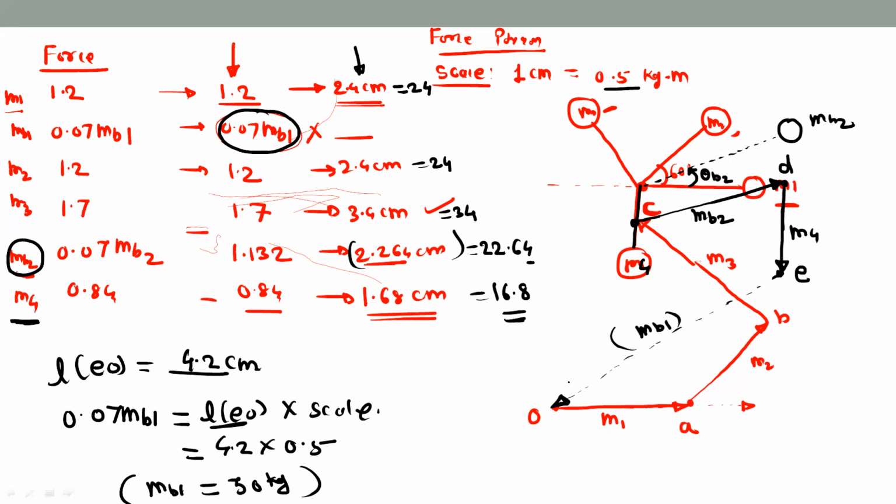So this closing side is nothing but the balancing mass, and with this calculation, you can find out the balancing mass. Also you can find out the angle. Draw one line here and measure this angle. It is with respect to the negative x-axis.